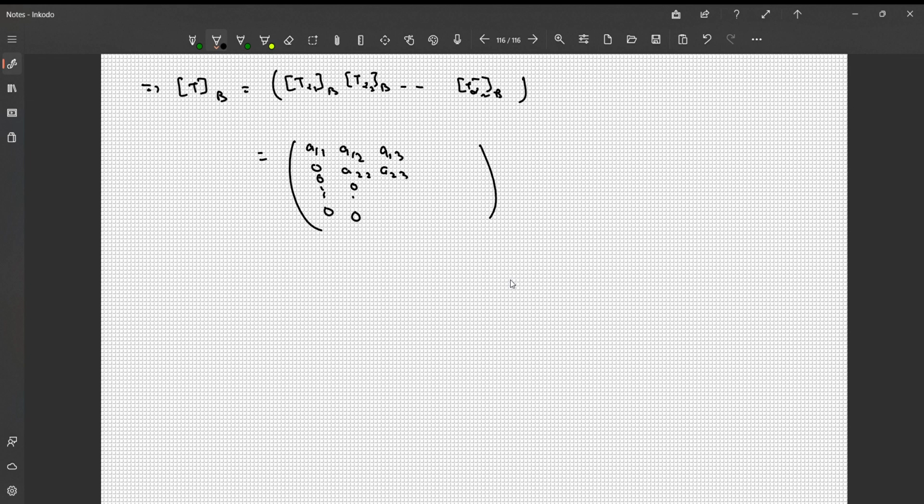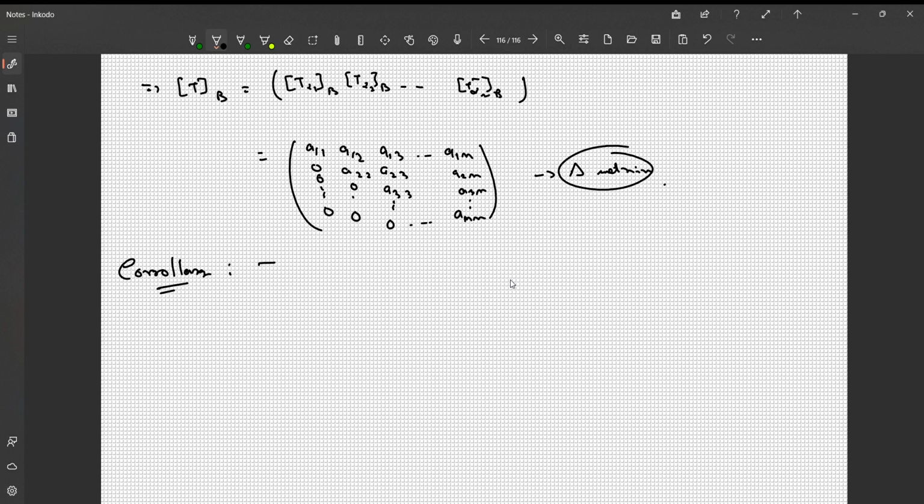So it's A11, all the elements below are 0. Then you have A12, A22, all the rest of the elements are 0. Then you have A13, A23, A33, all the rest are 0, and this process continues. So you have A1n here, you have Ann here, then you have A2n here, A3n here, and you have a triangular matrix, right? Okay, so I guess this is clear.